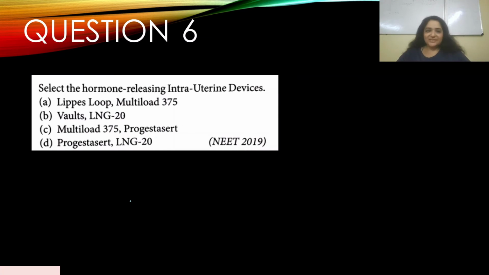Question number 6. Select the hormone releasing intrauterine devices. This appeared in NEET 2019. A. Lippes Loop, Multiload 375; B. Vault, LNG 20; C. Multiload 375, Progestasert; and D. Progestasert, LNG 20. So you're looking for the intrauterine devices.